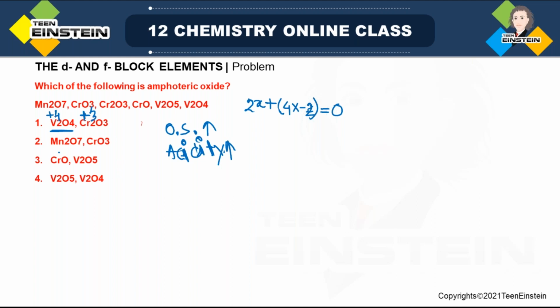In the second option, can you tell me the oxidation state of manganese in Mn2O7? Using this type of equation, you can easily find out the answer. Here all the molecules are neutral, so in this equation it will always be equal to 0.